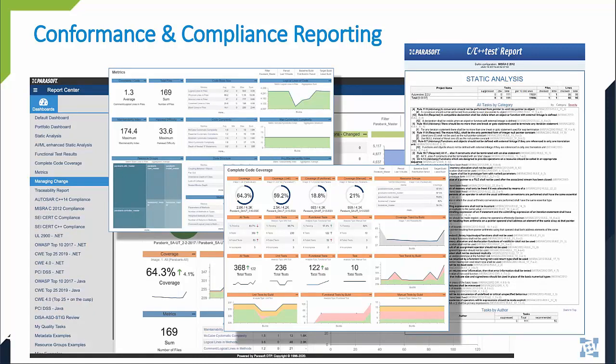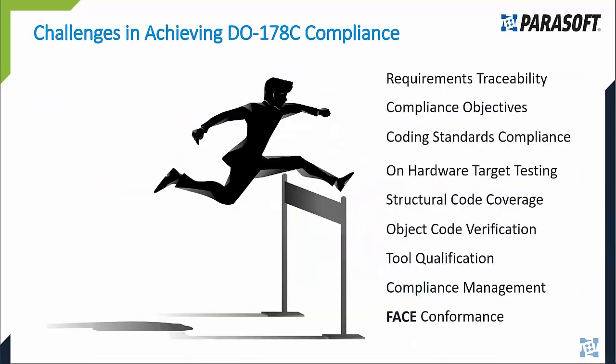We also have capabilities in requirements traceability, where we can trace from requirements to test cases and down to the code, and show you the progress towards conformance or compliance to standards like DO-178C and much more. In fact, this leads me to the next slide.